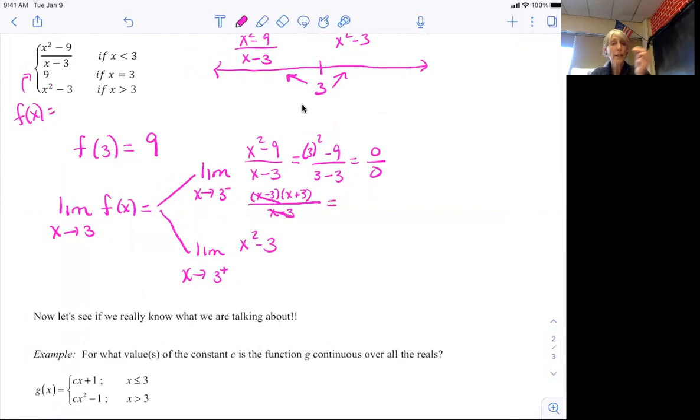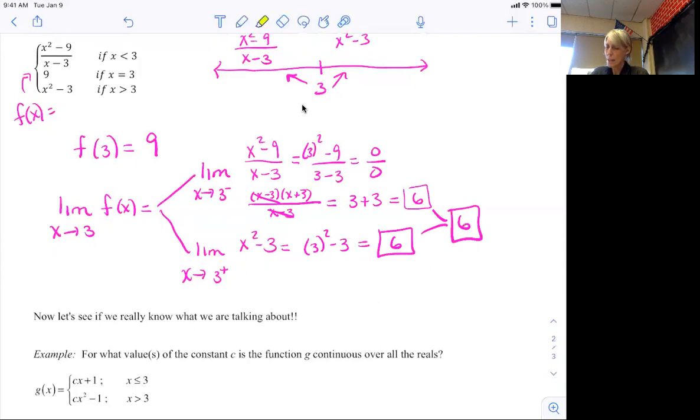This time when I plug in 3, I do get an answer, and that answer is 6. That's my left limit. My right limit, when I plug in 3, my answer is 6. If my left limit matches my right limit, that means my overall limit is 6.